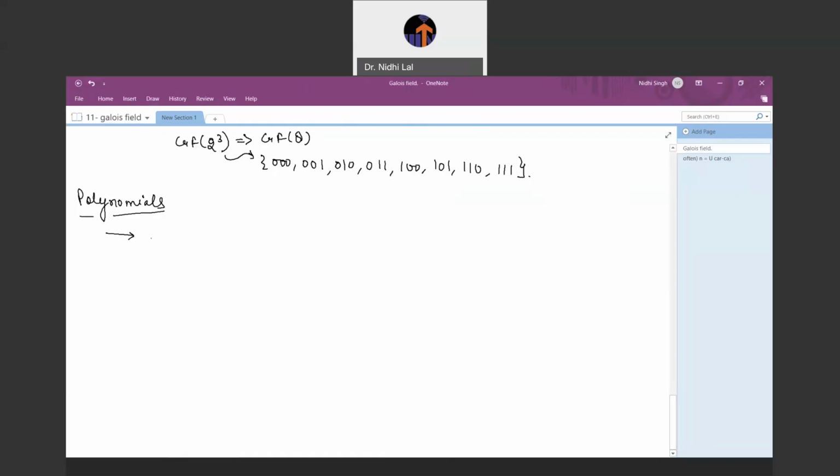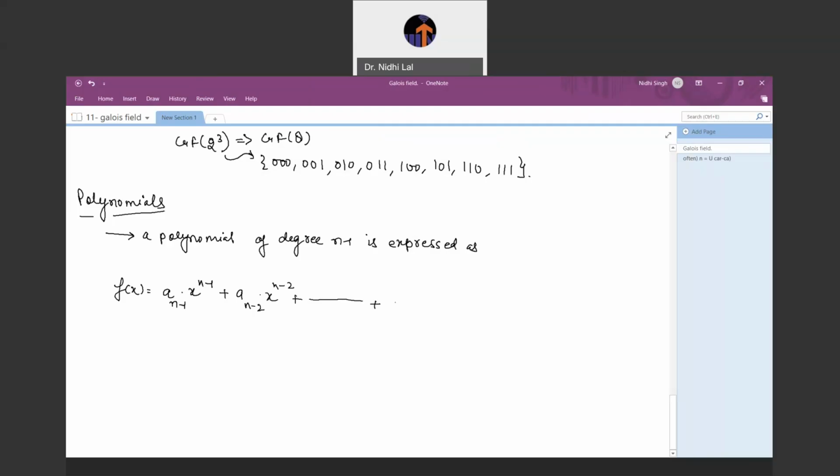So in the general view, the polynomial of degree n minus 1 is expressed as: a(n-1) is a coefficient and x^(n-1) is a term, plus a(n-2) x^(n-2) and so on, and it will finish at a1 x^1 plus a0 x^0.